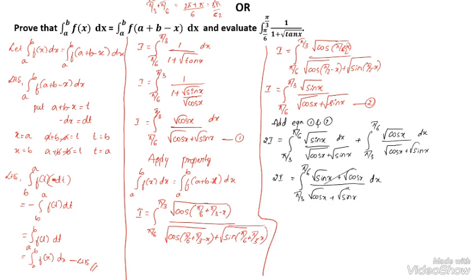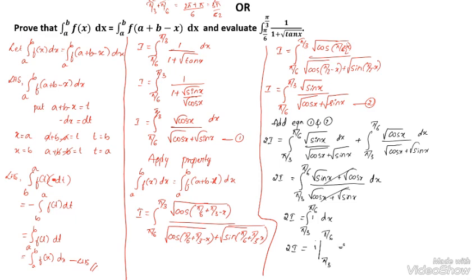Here both are equal, cancel it. 2I is equal to 1 into the integration of dx from pi by 6 to pi by 3. Integration of 1 with respect to dx is x. So 2I is equal to the integral of 1 dx from pi by 6 to pi by 3.